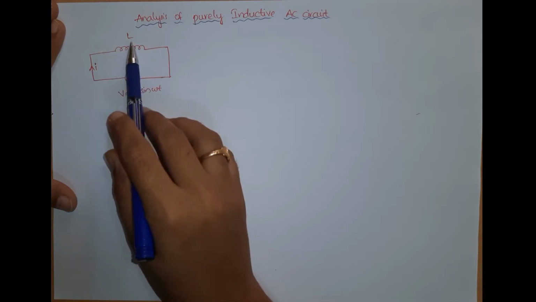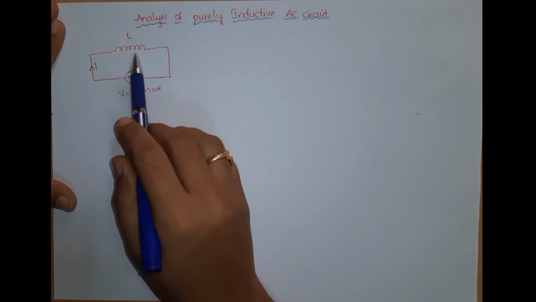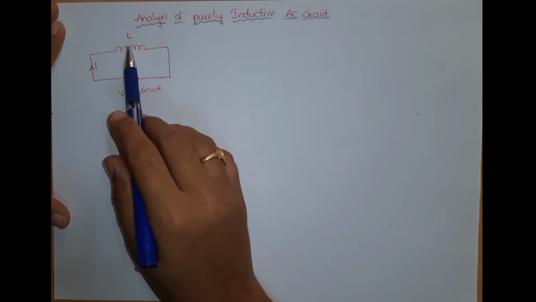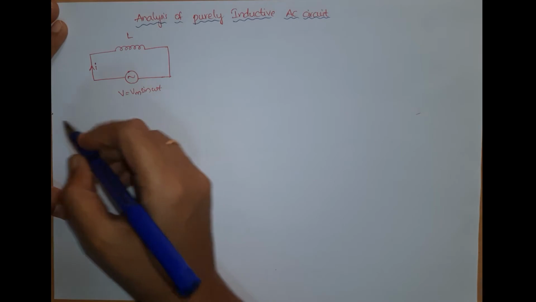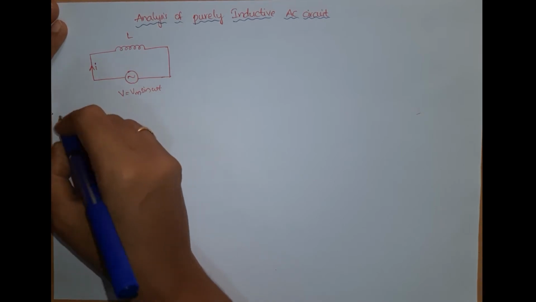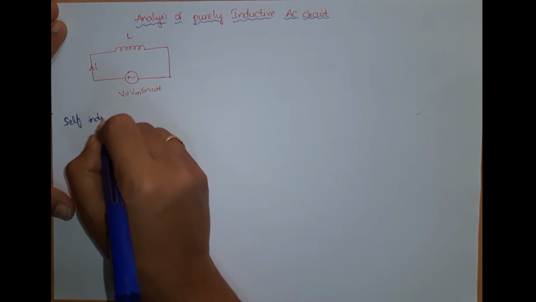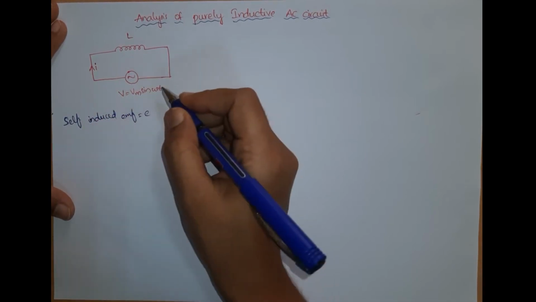Due to the creation of the magnetic field around the inductor, the flux will induce an EMF in the coil. That amount of EMF is called self-induced EMF. Let me define it as small e.